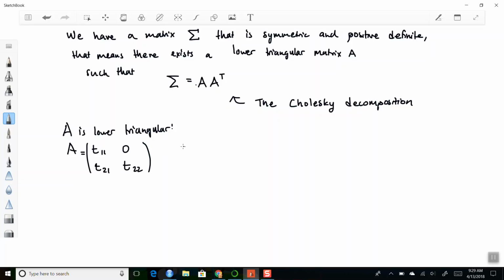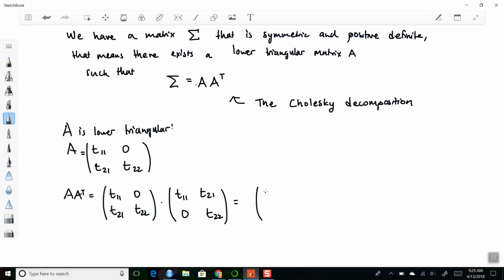Okay, and then that means A A transpose will equal this matrix times its transpose, where the T11, T21, T22 flips around. And we want to set this thing equal to sigma 1 squared, sigma 1,2, sigma 1,2, sigma 2 squared.